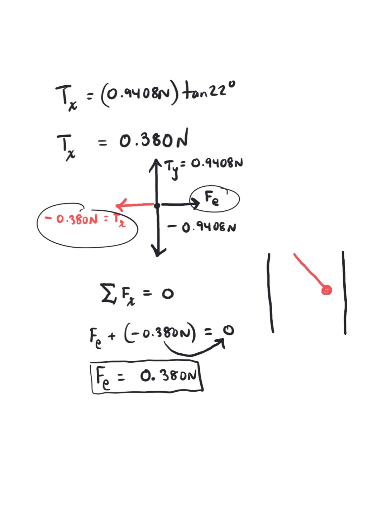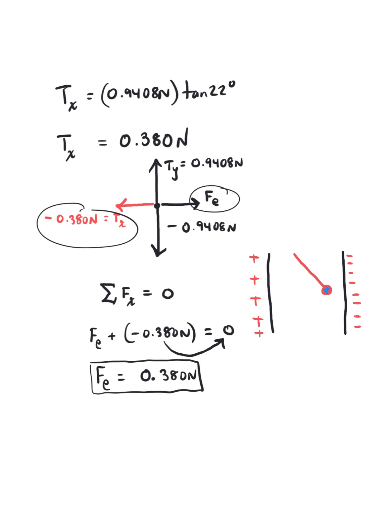Since the positively charged sphere was attracted to the plate on the right and repelled by the plate on the left, that means that the plate on the right is negatively charged and the plate on the left is positively charged. And that is because the sphere is positively charged, so it's going to get attracted to the negative plate while simultaneously being repelled by the positive plate.